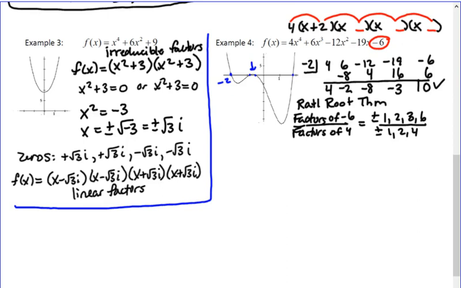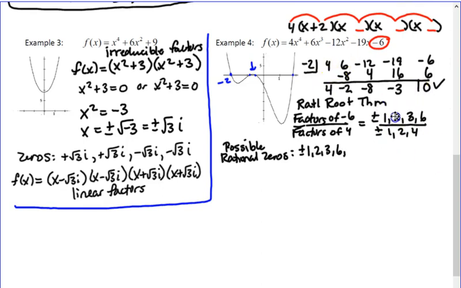So combining these together to make all possible numbers, my possible rational zeros have to be contained in this list of numbers. So if I take all the numerators divided by 1, I would get positive and negative 1, 2, 3, or 6.